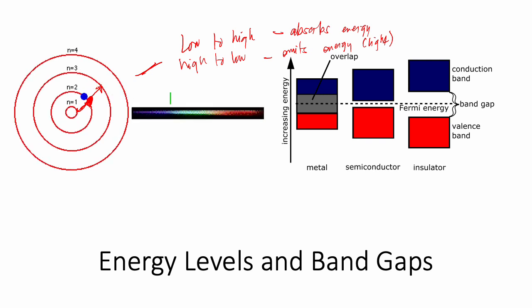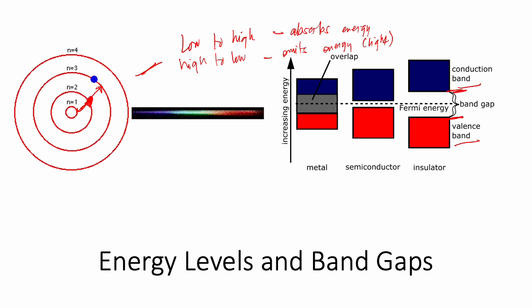So for the band gap, basically the band gap is the energy difference between the highest energy level in the valence band and the lowest energy level in the conduction band.